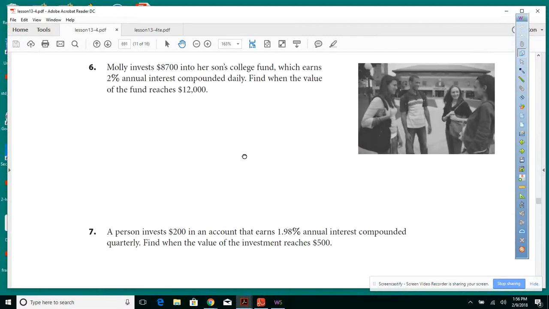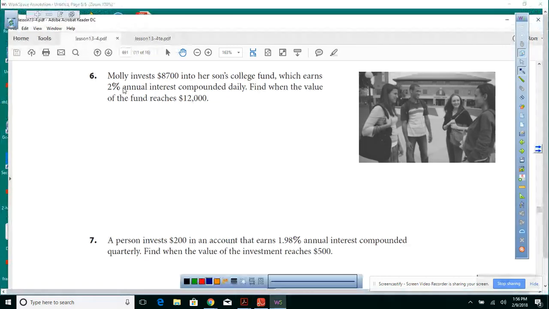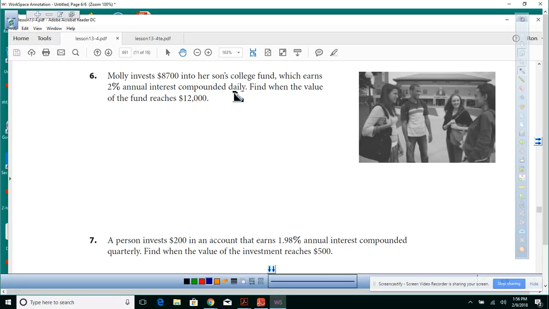Number 6. Molly invests $8,700 into her son's college fund, which earns 2% annual interest compounded daily. So N equals 365, R equals 0.02, and the principal is $8,700.